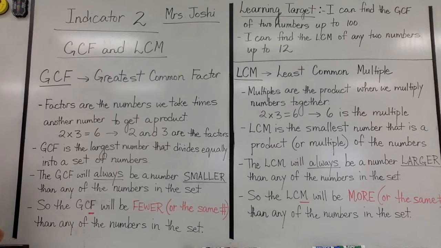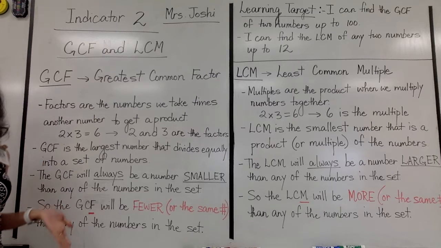The greatest common factor is the largest number that divides equally into a set of numbers. It will always be smaller than any of the numbers, so less than or the same number as the numbers that are in the set.